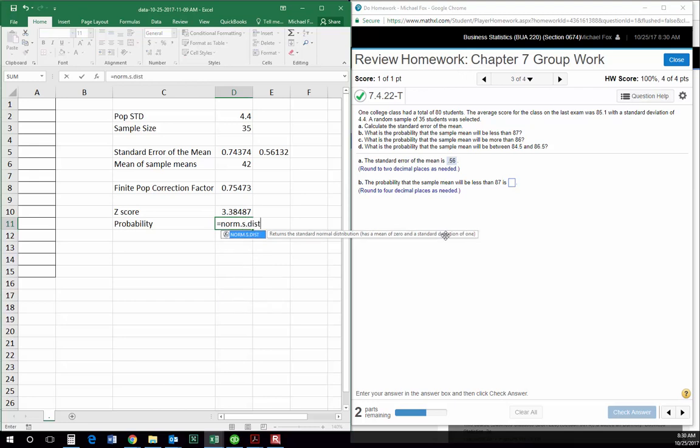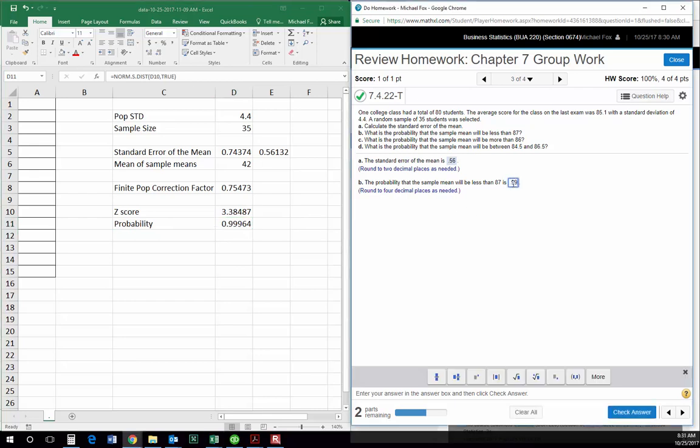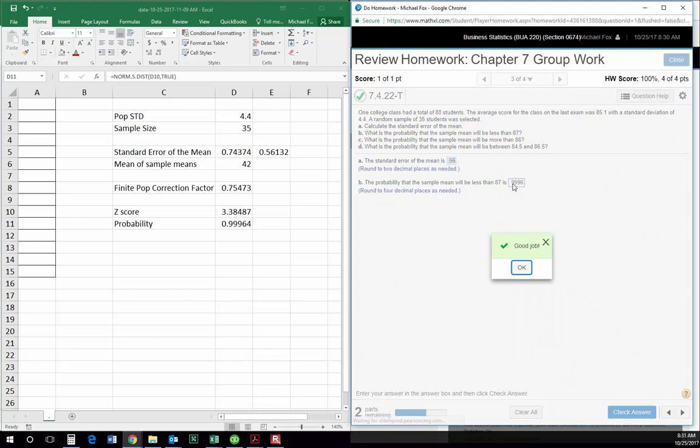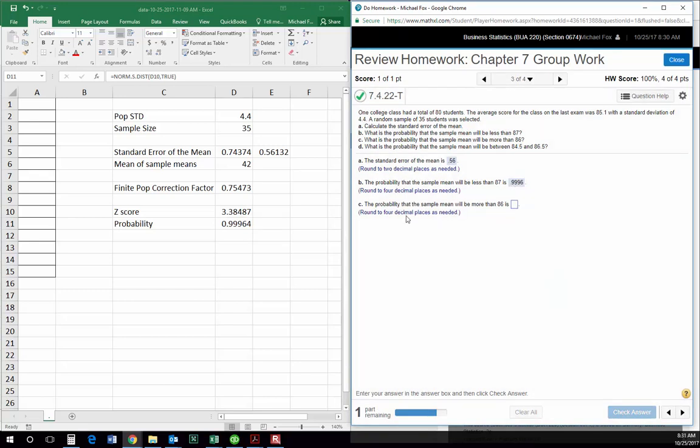That's the standard normal distribution, where we use the z-score and then true for cumulative. And that's going to find the probability of things falling to the left of 87. In this case, that's huge, right? So 0.9996, almost for sure.